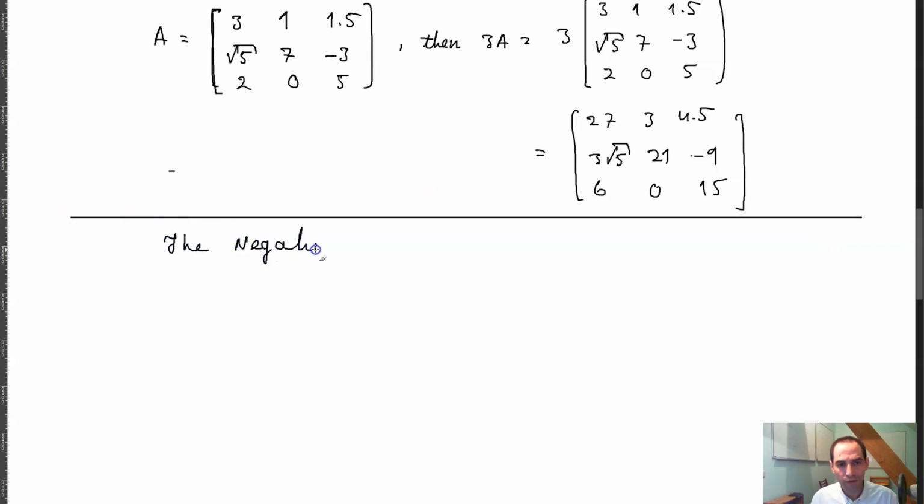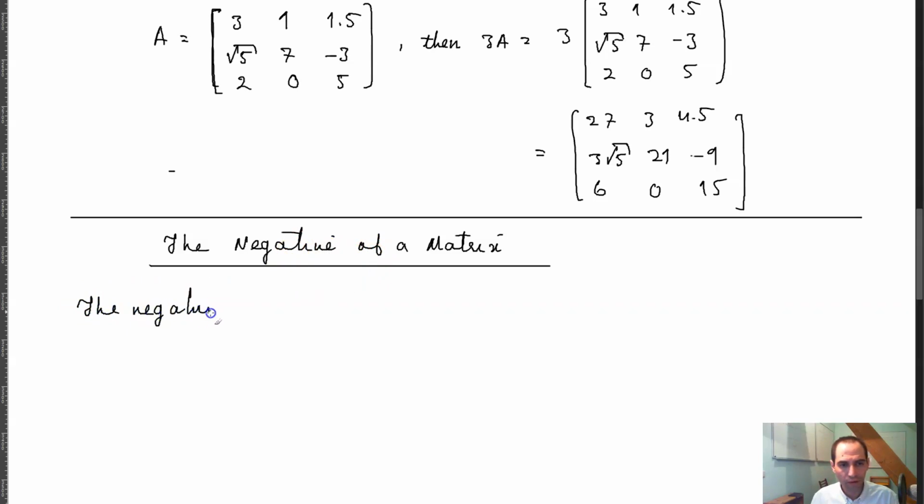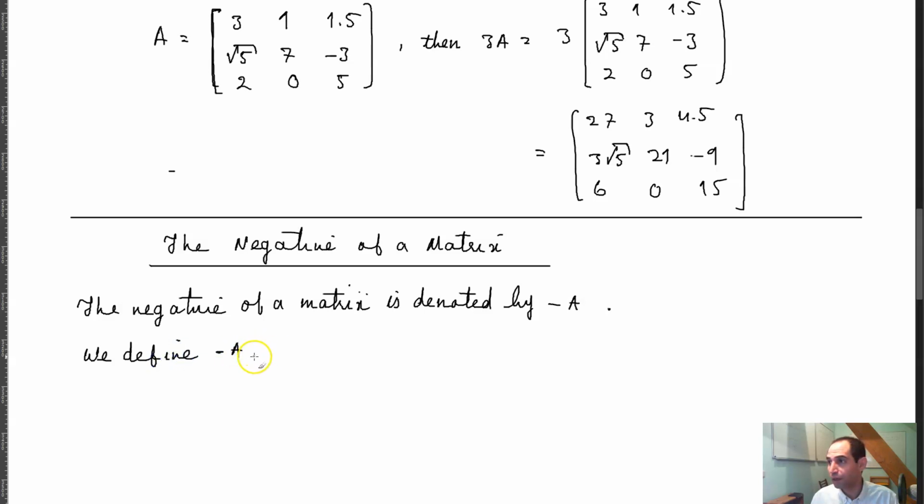Now, the next concept is the negative of a matrix, which is denoted by negative A. We define negative A as equal to negative 1 times A, meaning that negative 1 is taken as a scalar.